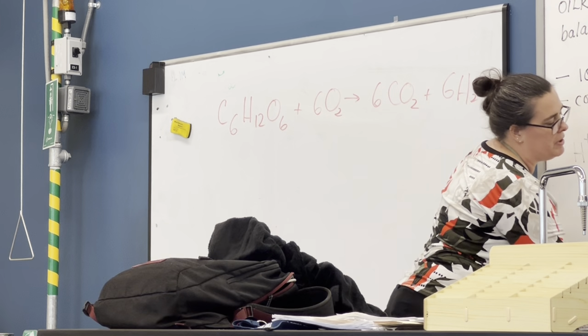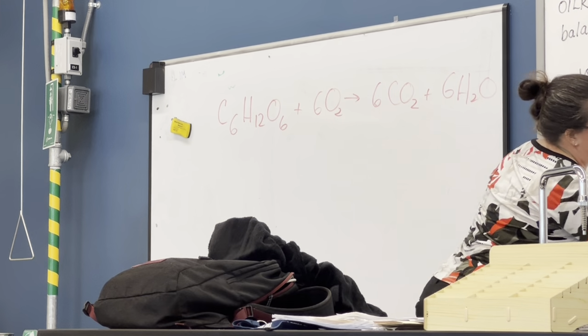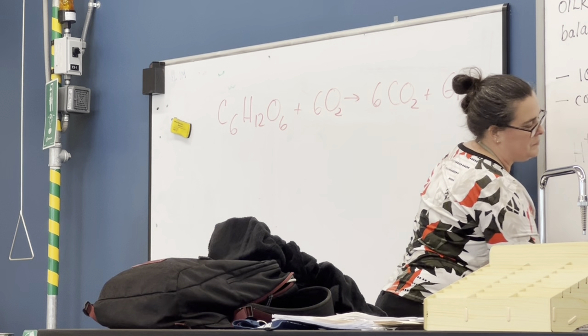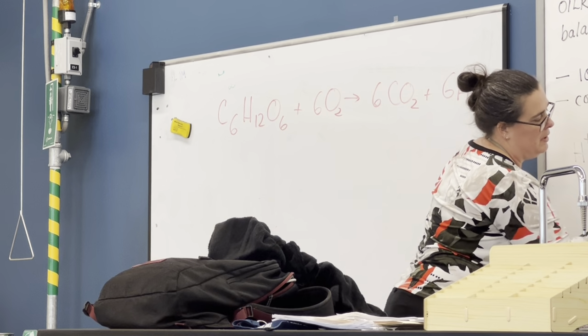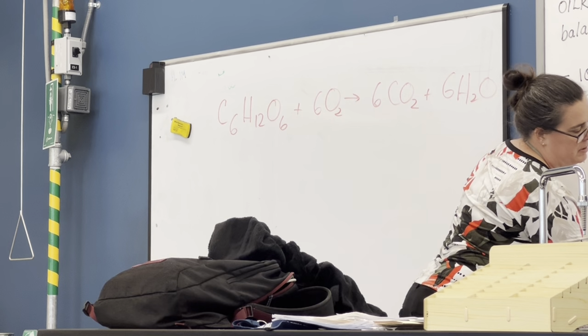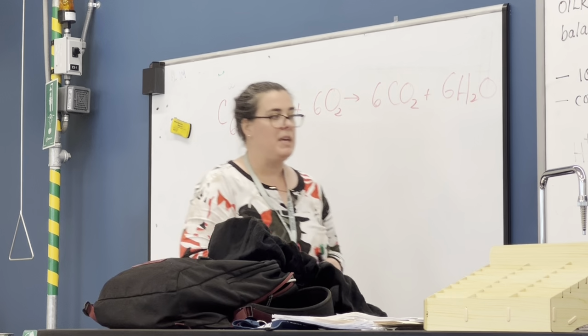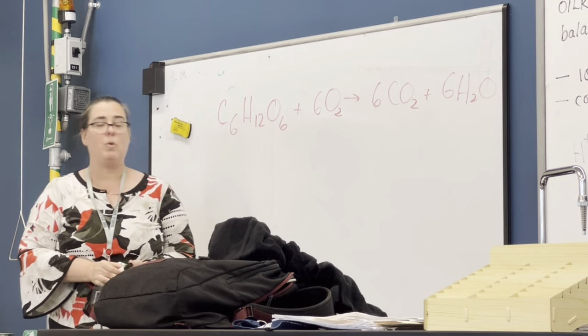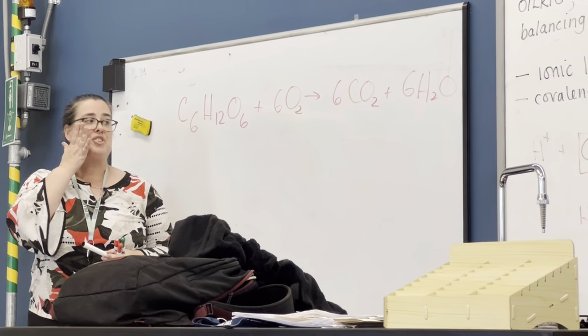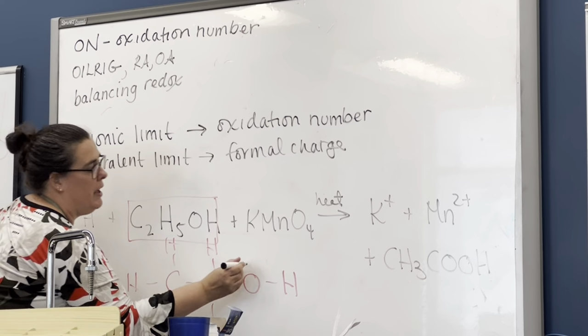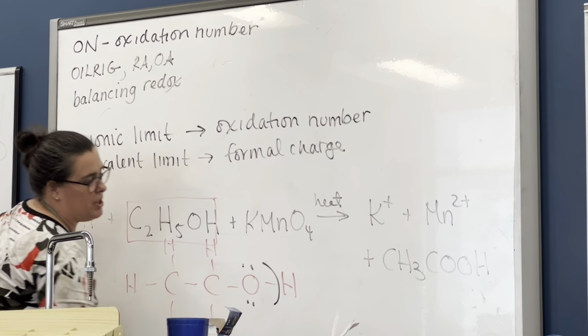I'm going to draw you a Lewis structure of alcohol. And you're going to have to tell me what's more electronegative than what. How does oxygen compare to hydrogen? How does oxygen compare to carbon?